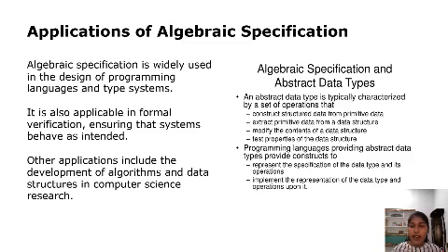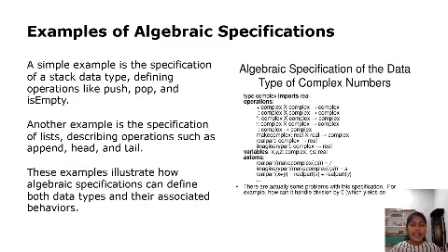Programming languages providing abstract data types provide constructs to represent the specification of the data type and its operations, and to implement the representation of a data type and operations upon it.